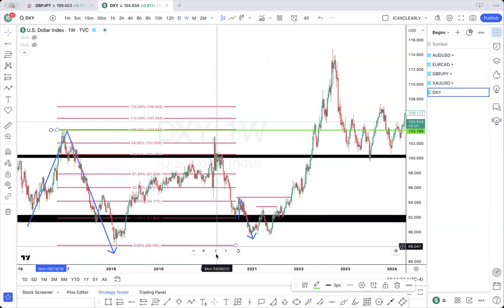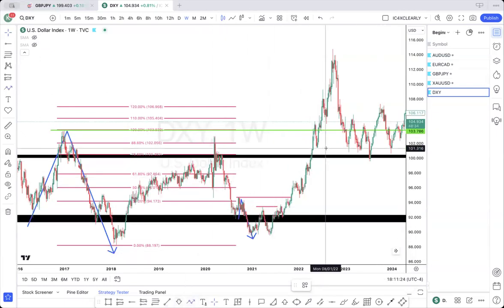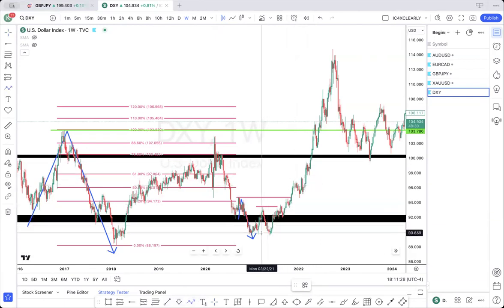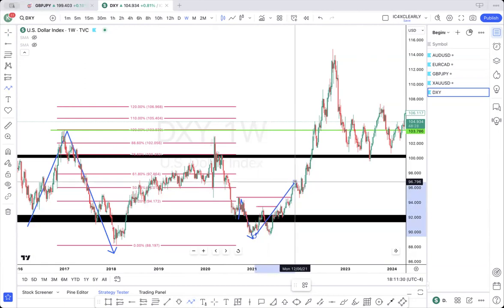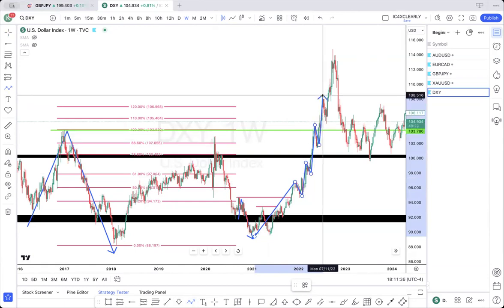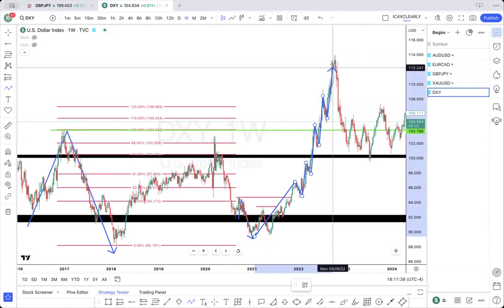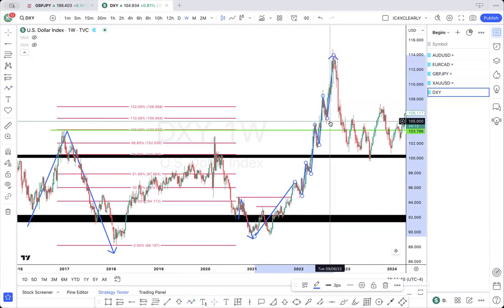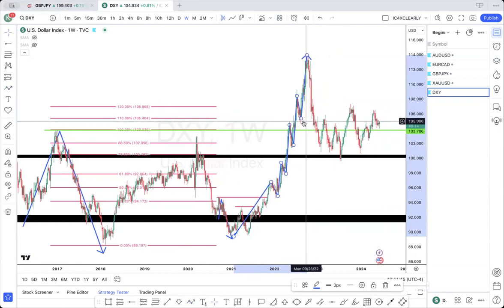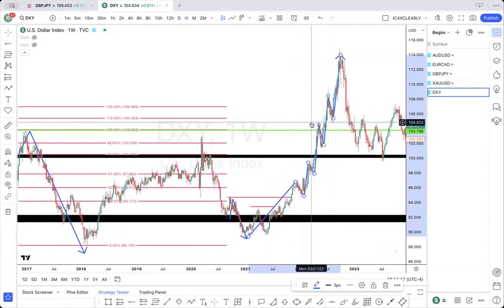So now I'm always saying identify your structure. So now you have here, here, here, here, here, here, here, here, and here, okay? And what did it do? It broke structure here, okay?